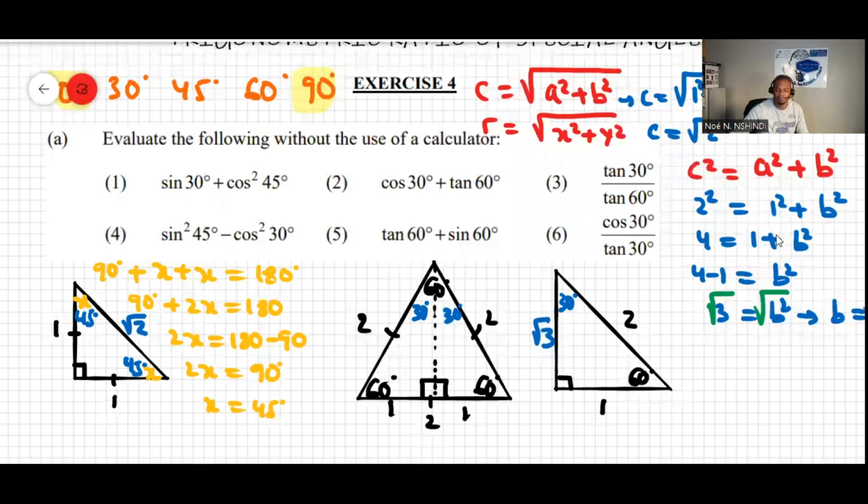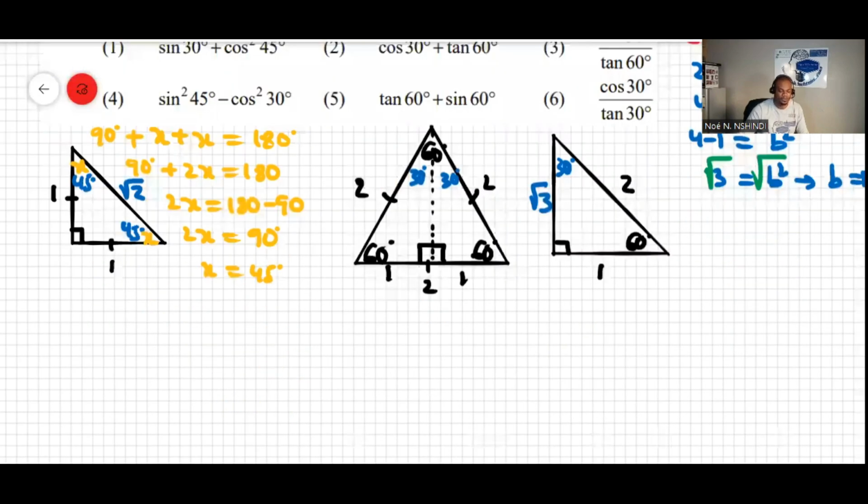Now, let me remind you that the trigonometric ratios are given by sine of the angle equal to opposite over hypotenuse, sometimes written as y over r.